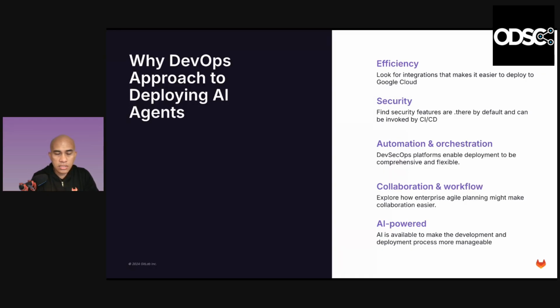You're already using AI to automate so many things. Why skip that part in the deployment? Using a DevOps approach can make your lives efficient. Reducing all of those integration points is really a good benefit of DevOps. Obviously, security is key.